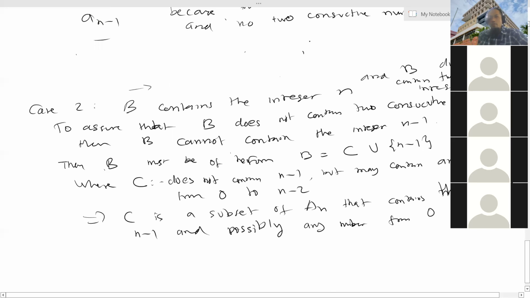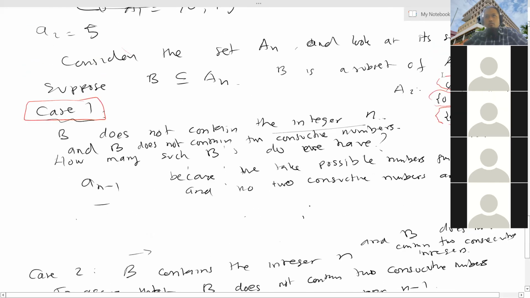So that means, let me repeat, in the first case, B does not contain the integer n, and because B must not contain 2 consecutive numbers, essentially we are talking about all possible subsets we could create by taking the numbers from 0 to n minus 1.